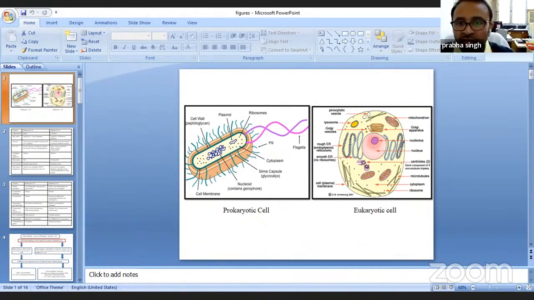And you know what is the function of nucleus? In the eukaryotic cell, nucleus is a double membranous organelle which contains the genetic material. So genetic material lies within the nucleus in the case of eukaryotic cell.